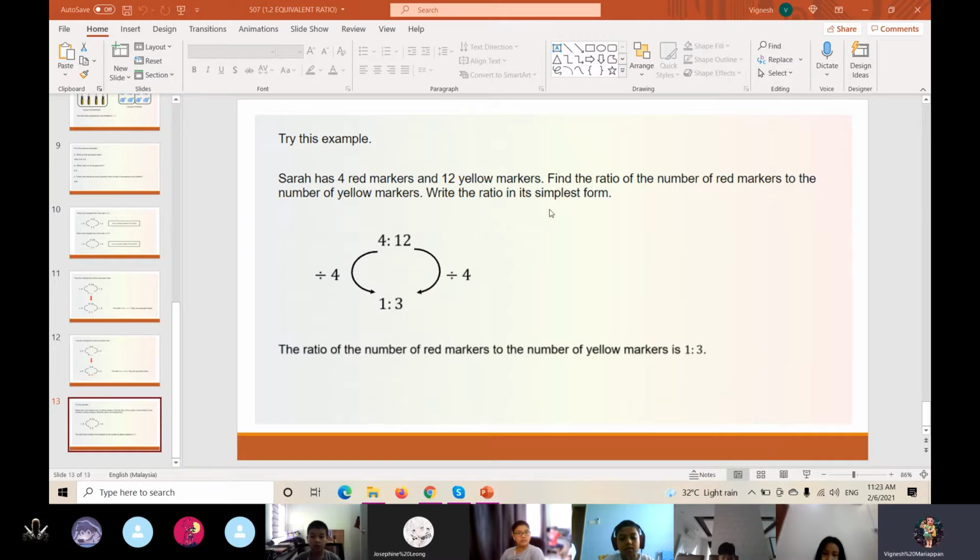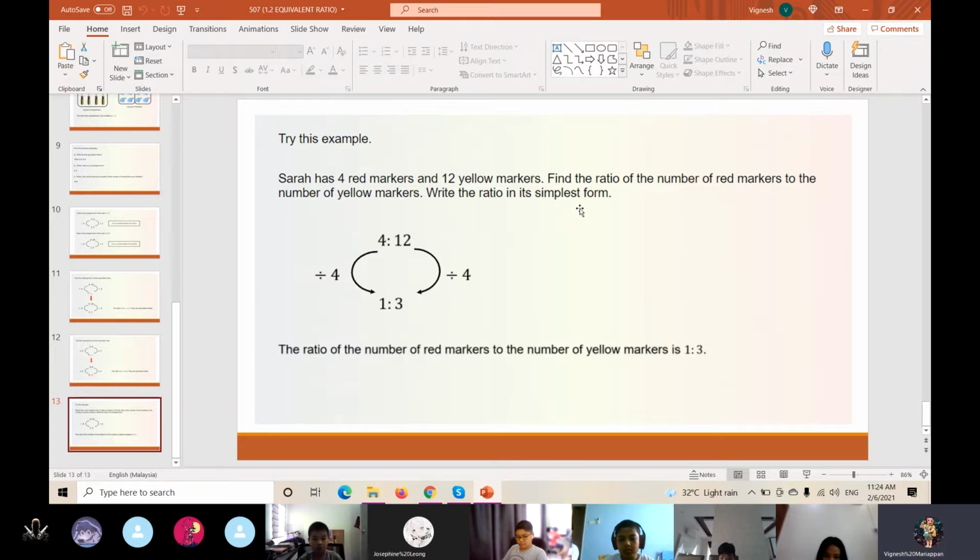So what is the ratio in its simplest form? The question is already mentioned. You have to find the ratio of the number of red markers to the yellow markers. So red to yellow. Red is 4, yellow is 12. 4 to 12. But simplest form means no choice. You have to divide using the highest common factor. Understand or not?